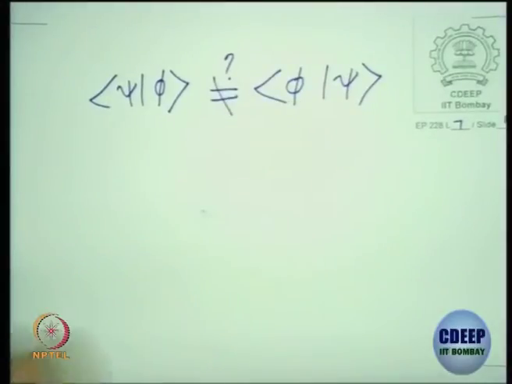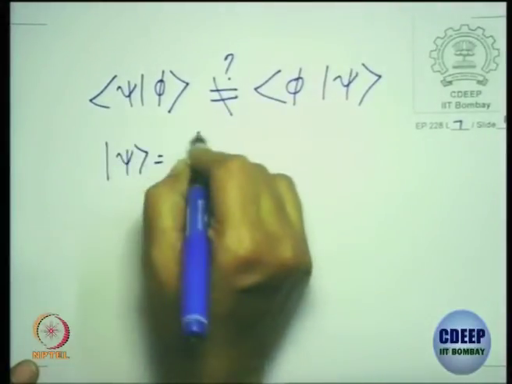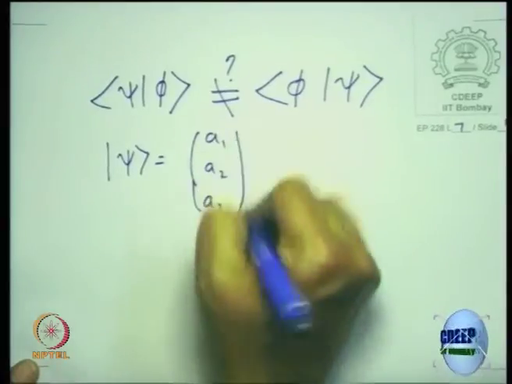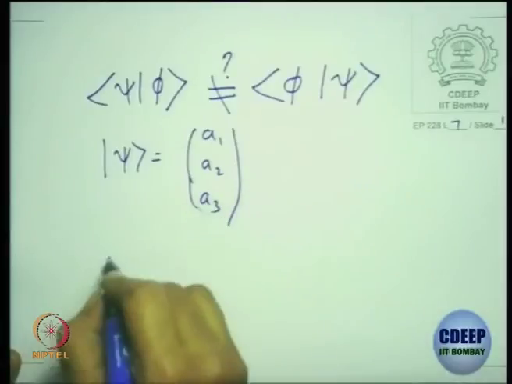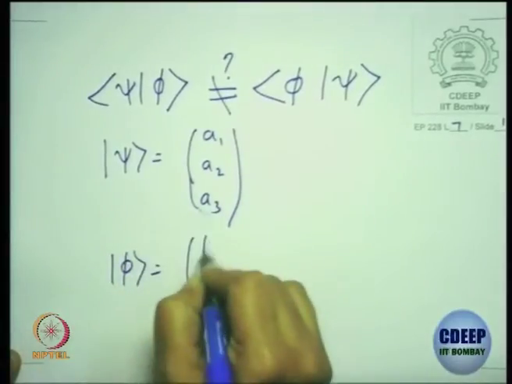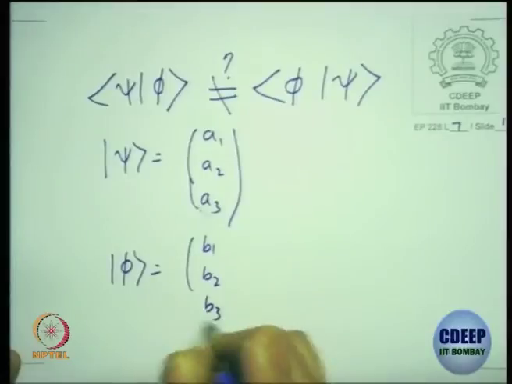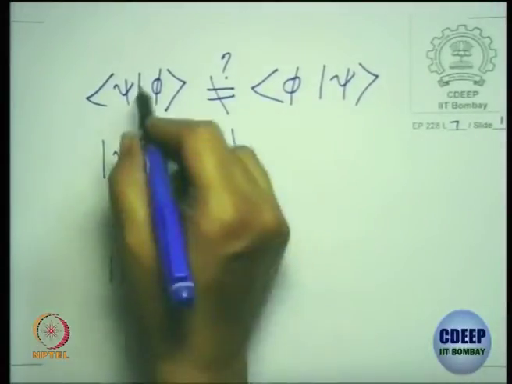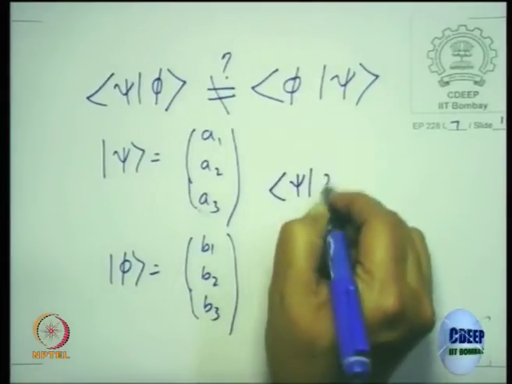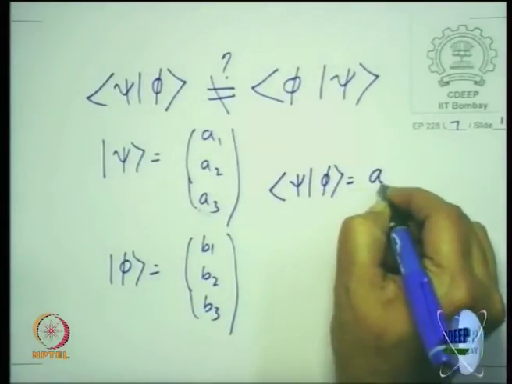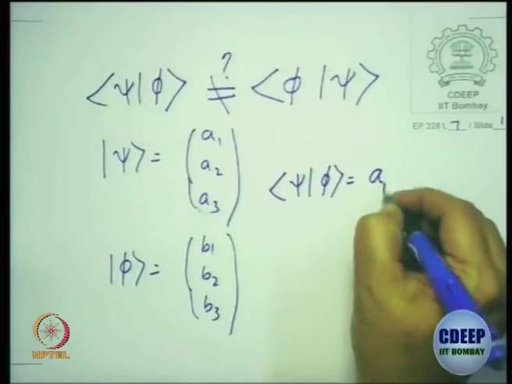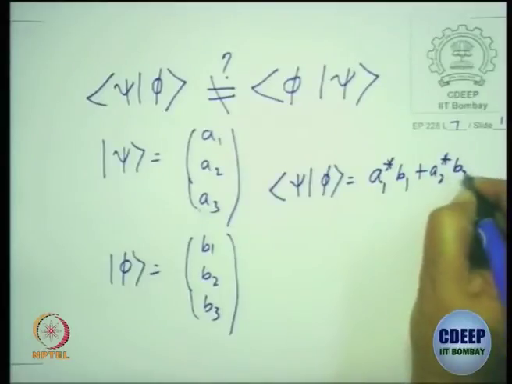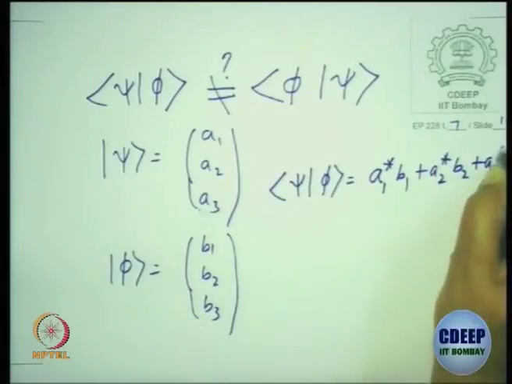No. Suppose I take psi to be, let us say, A1, A2, A3, which are complex, and we take phi to be B1, B2, B3, which are complex. What is psi phi? Which is A1 star B1 plus A2 star B2 plus A3 star B3.